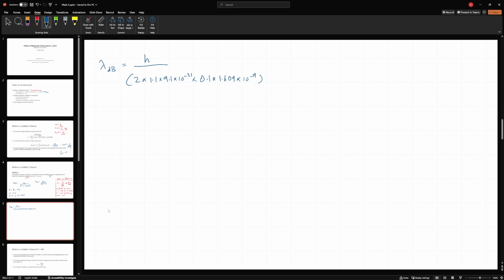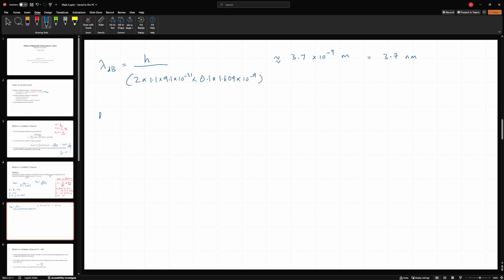So this will come out to be roughly 3.7 into 10 to the power minus 9 meters, which is 3.7 nanometers. So this is the Debye wavelength.